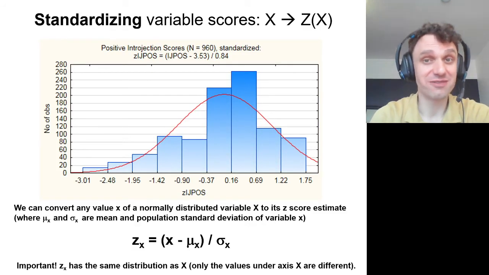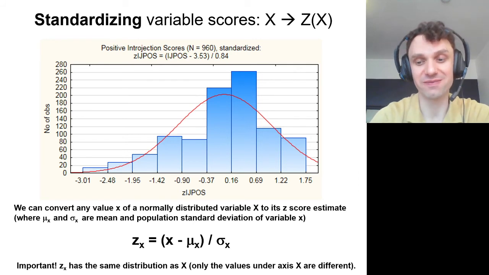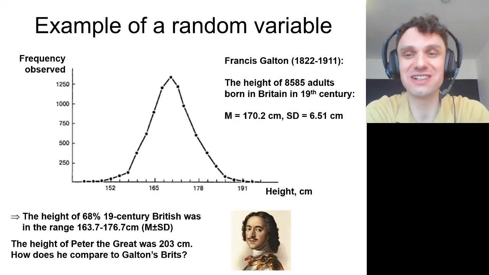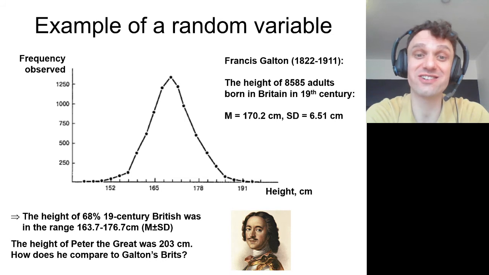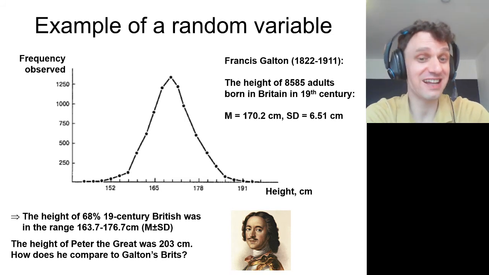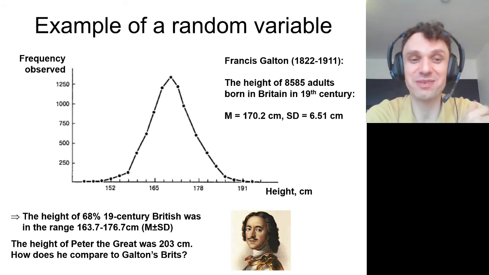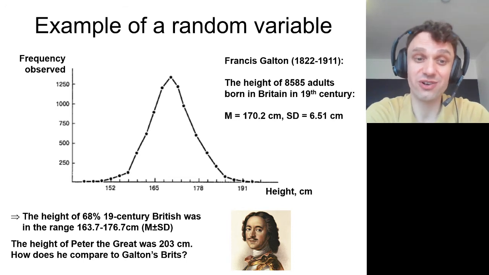And this is actually very helpful when we want to make some inference about an individual. For example, if we look at the data of Francis Galton, who measured all adults born in Britain in the 19th century, and we can look at Peter the Great, the Russian Tsar, whose height was 203 centimeters.